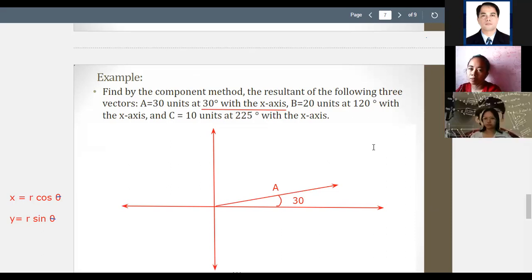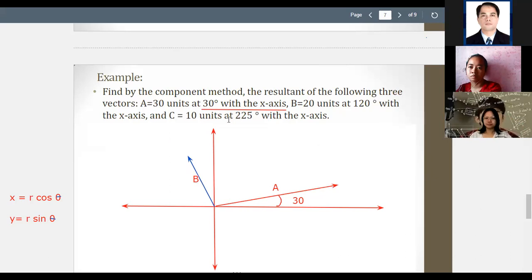Next we have 120 degrees. 120 degrees is going there, and somehow it's just 20 units, so maybe a little bit shorter. This is B. And how do we measure the angle of B?